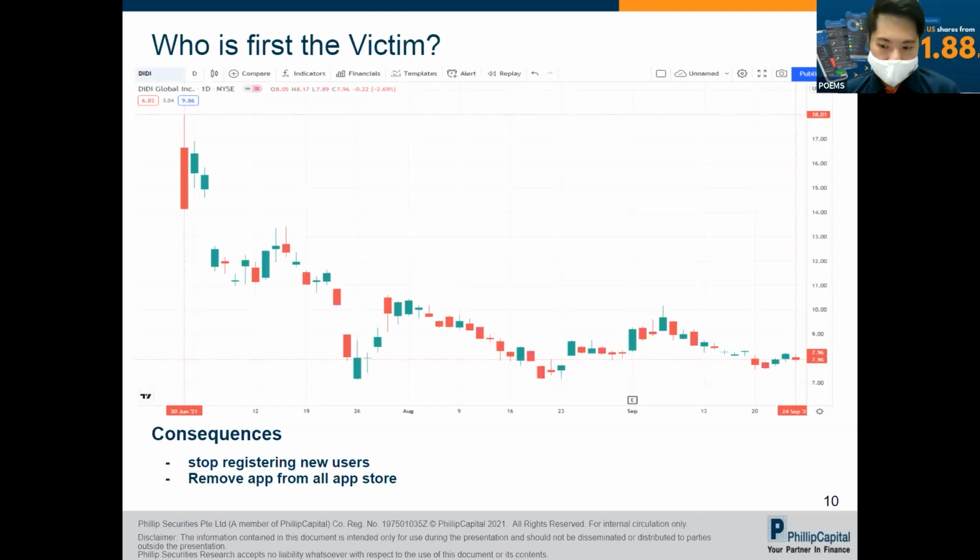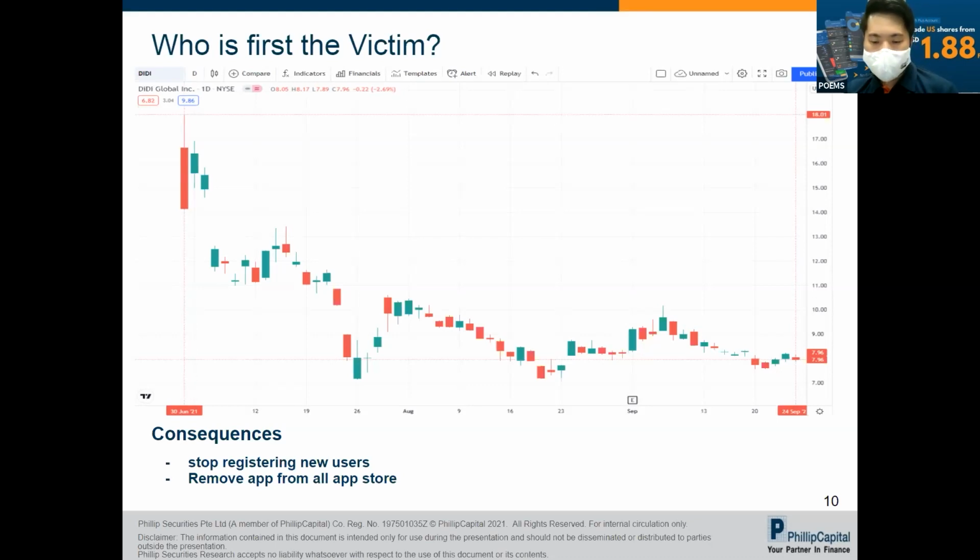The China regulator deemed that Didi's data protection was not strong enough, and that the data they collected may leak out of China, maybe to the US. Because of that, they had to stop registering new users and remove the app from all app stores, only a few days after they got listed on the US exchange.